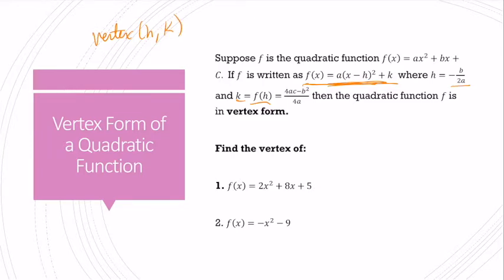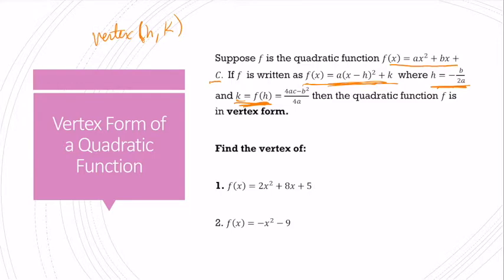And I had told you, it's kind of hard to figure out how to graph these without knowing the vertex. The vertex is the most important point. So if I'm given an equation in standard form, I can now use this definition of h and k to find our vertex. So let's take a look at f of x equals 2x squared plus 8x plus 5.